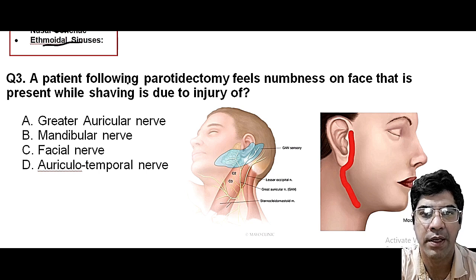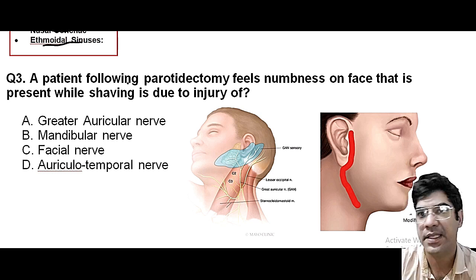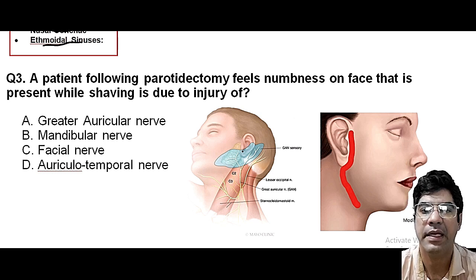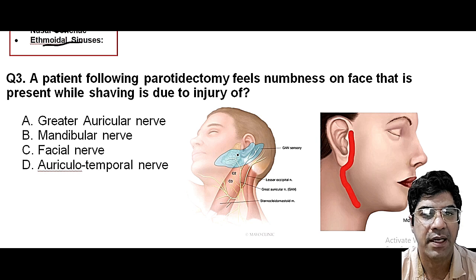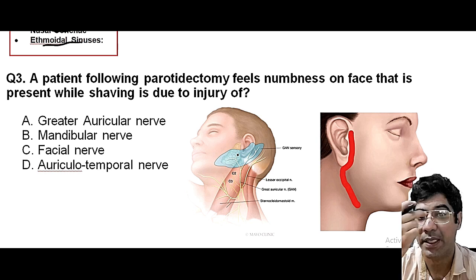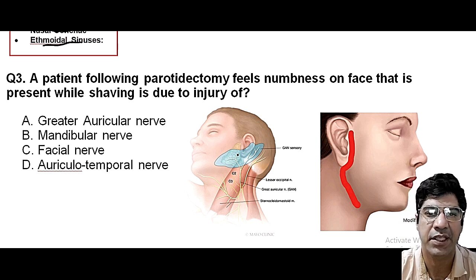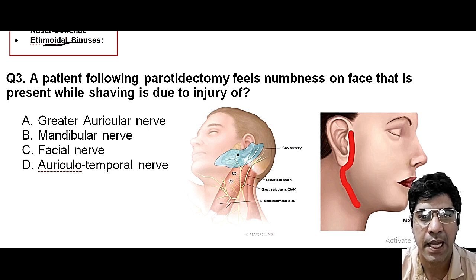the great auricular nerve. We discussed earlier that the great auricular nerve originates from the ventral rami of the second and third cervical rami, and it provides sensory innervation to the skin over the parotid gland, the angle of mandible, and the external ear.